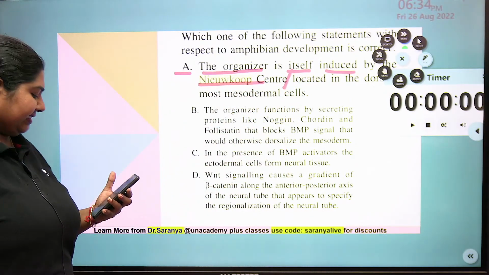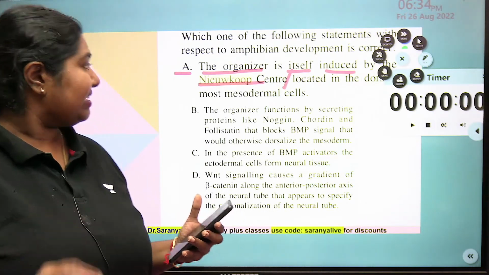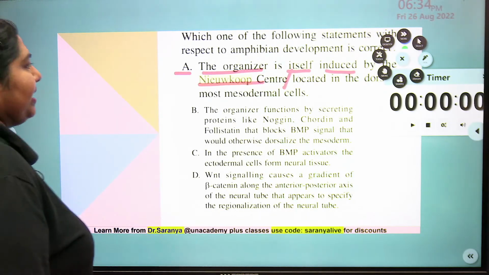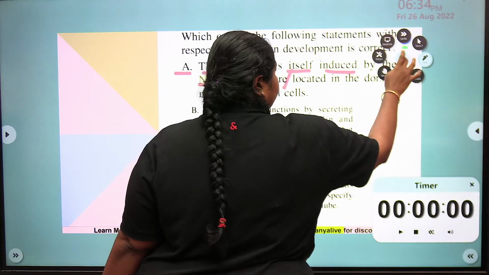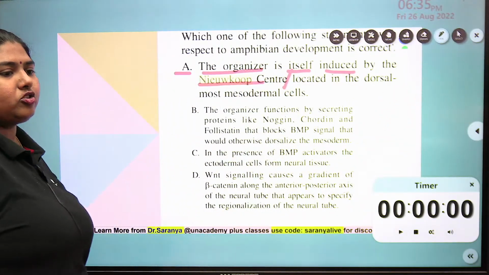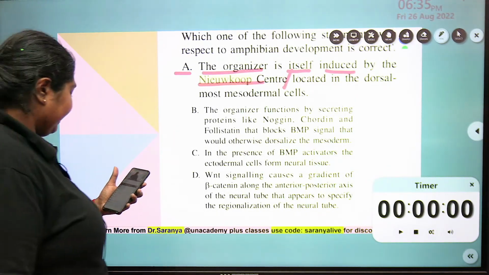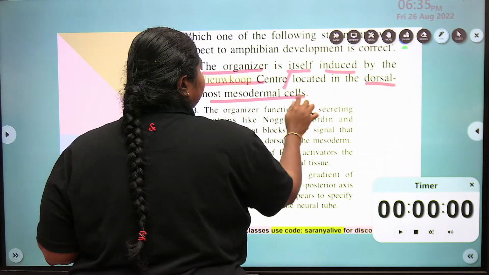The organizer is induced by the Nieuwkoop center. True, no? The first half is true. See the second half. It says that it is located in the dorsalmost mesoderm.